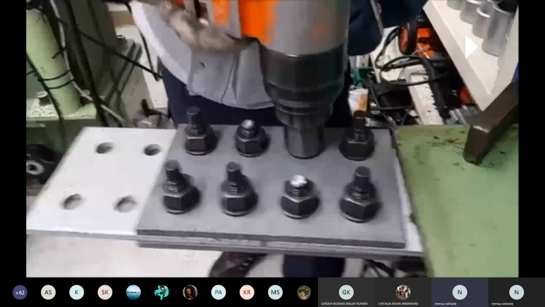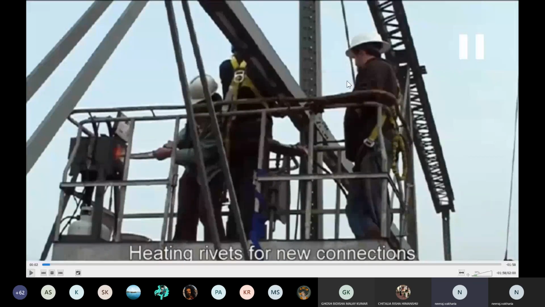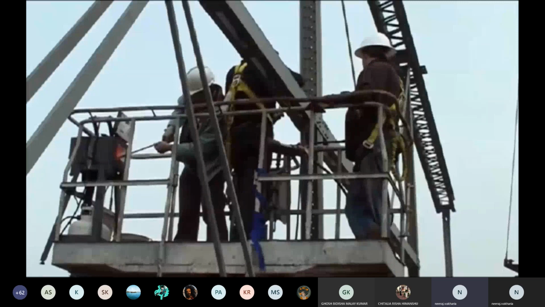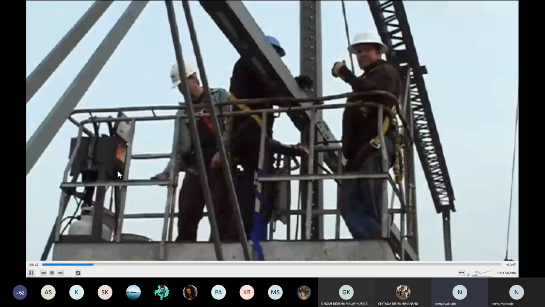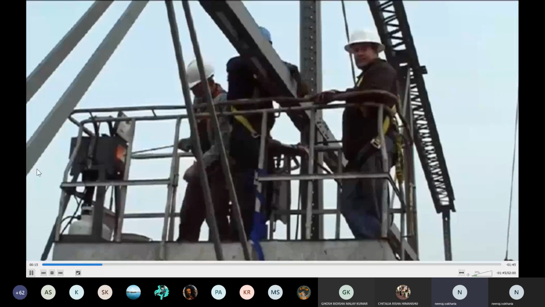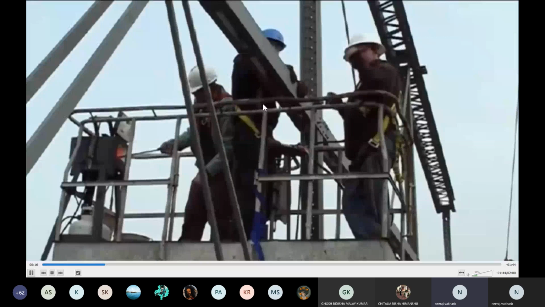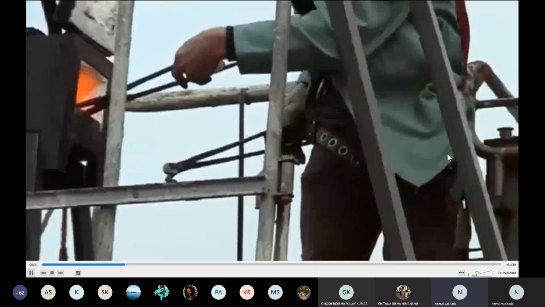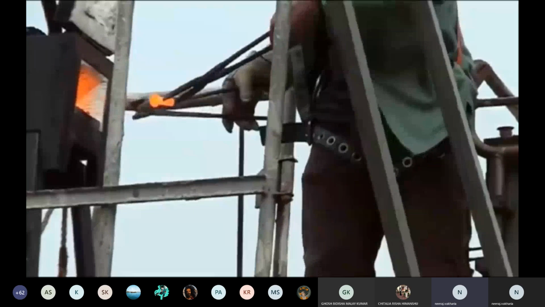Now this second video is of riveting. You see, there is a thing required to heat up the rivet. There is more labor required. Experienced labor is required for this, so that they can hammer it. See, this is the rivet.